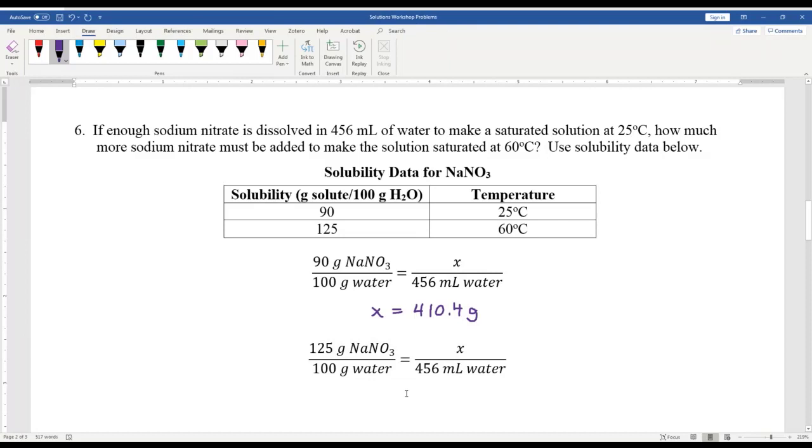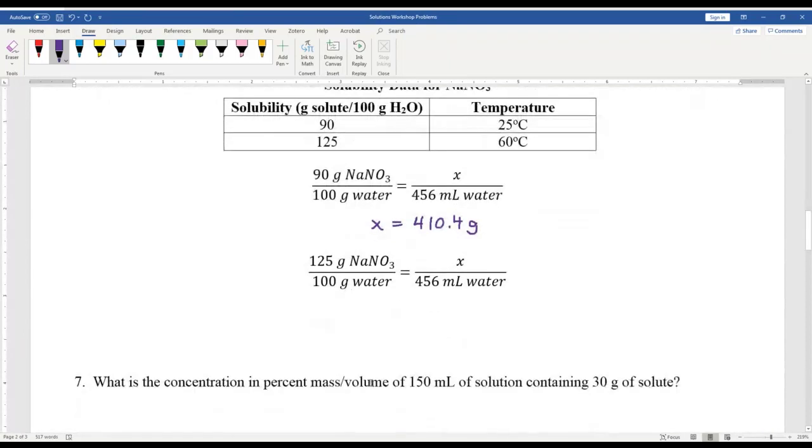So now I'll do the same process and cross multiply again, but I'm going to get a different answer. And what answer do I get? Good job, you guys are fast. 570. Got some good consensus there too.